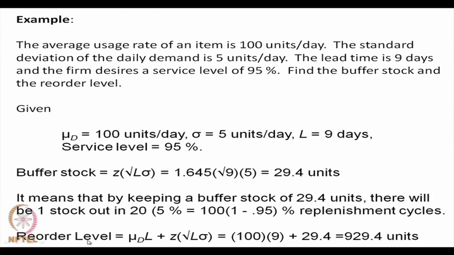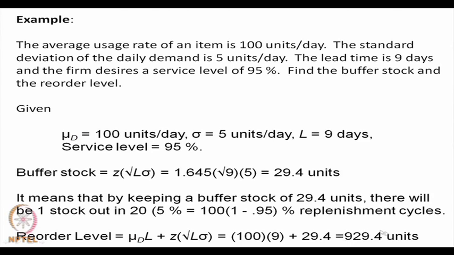The reorder level is the expected value of the demand during lead time plus the buffer stock. The expected demand during the lead time is given by the average usage rate 100 multiplied by the lead time 9, plus the buffer stock, which is 29.4. Therefore, the value of the reorder level is 929.4.